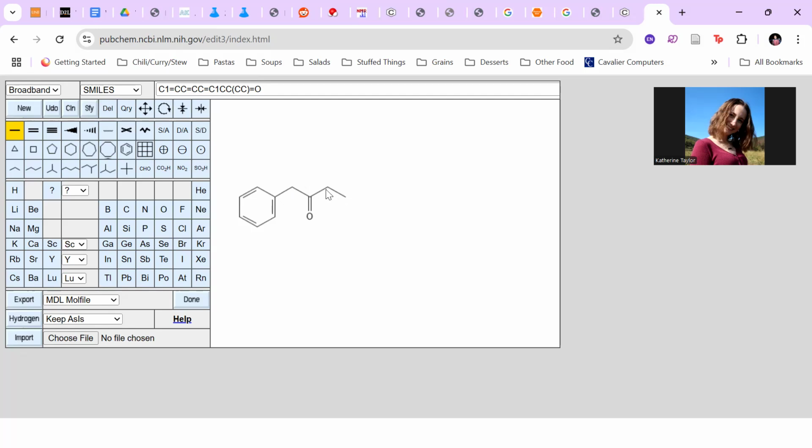Moving on to our next CH2 carbon, its only neighboring hydrogens are the CH3 carbon that is bonded to it, which explains our quartet peak. And finally, with our CH3 carbon, it has two neighboring hydrogens, which explains the triplet peak. So everything checks out compared to what we've seen on our spectra. So we can identify the structure as 1-phenyl-2-butanone. And that is it. Thanks, everyone.